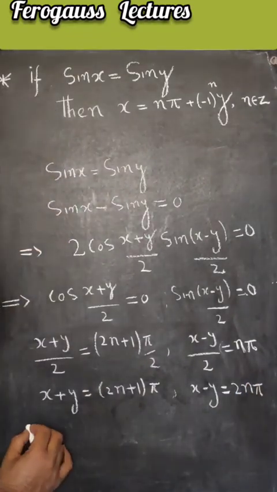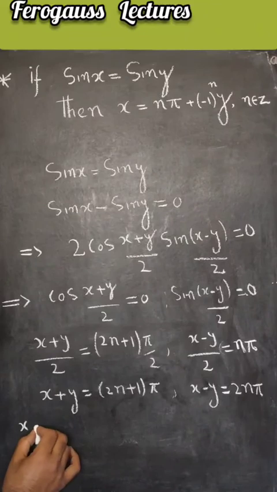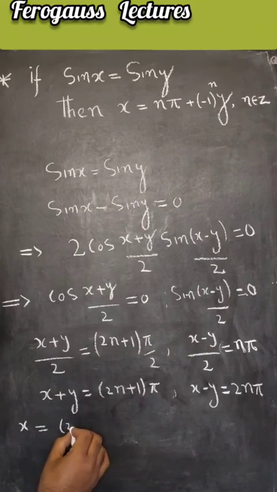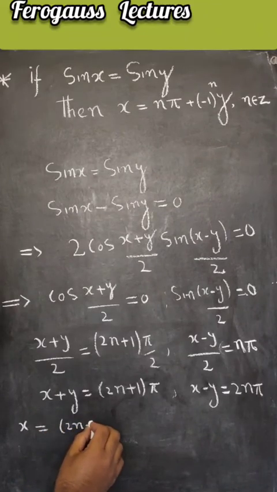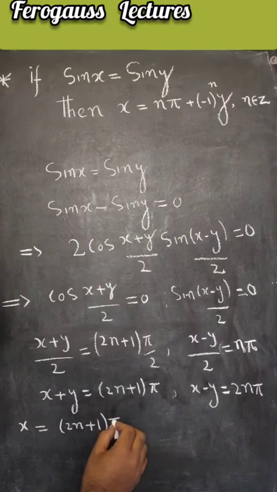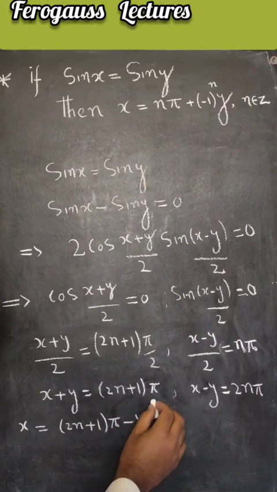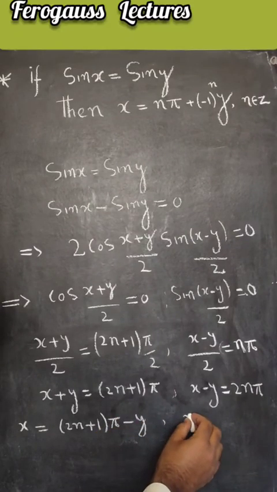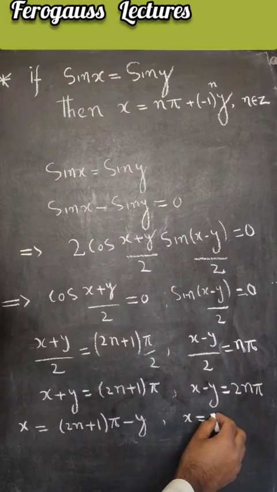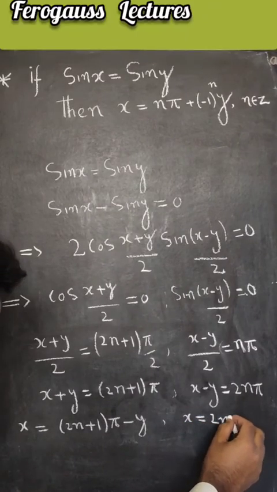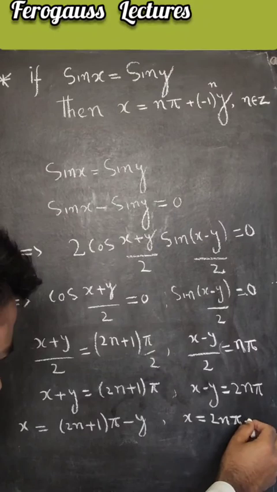Further, x is equal to 2n plus 1 pi minus y, and here x is equal to 2n pi plus y.